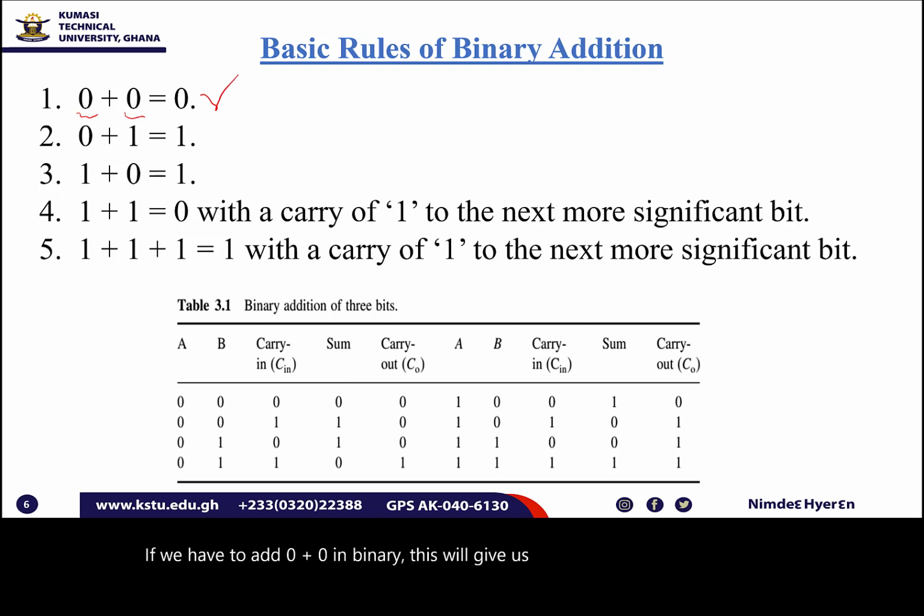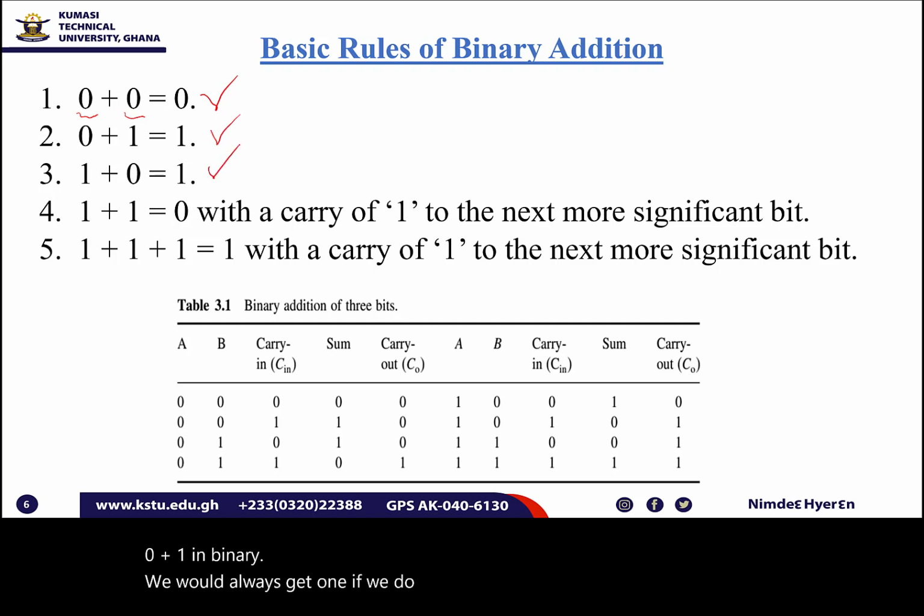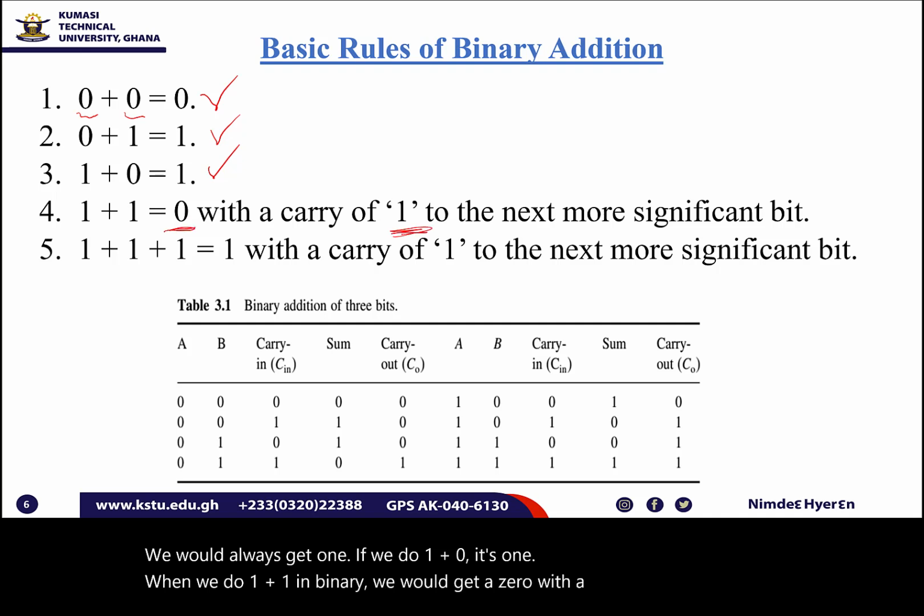If we do 0 plus 1 in binary, we would always get 1. If we do 1 plus 0, it's 1. When we do 1 plus 1 in binary, we would get a 0 with a carry of 1 to the next more significant bit.